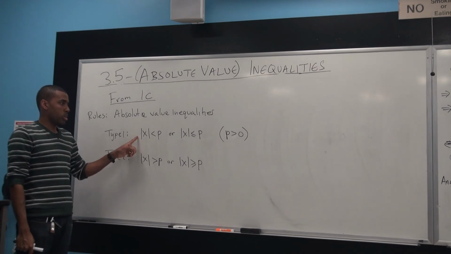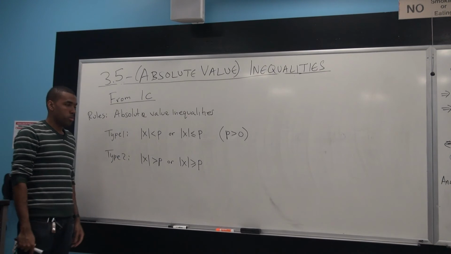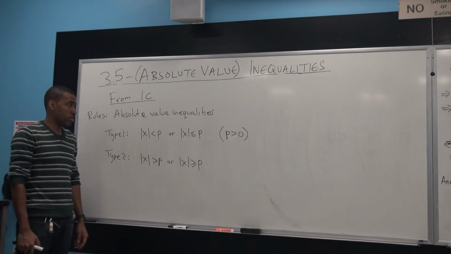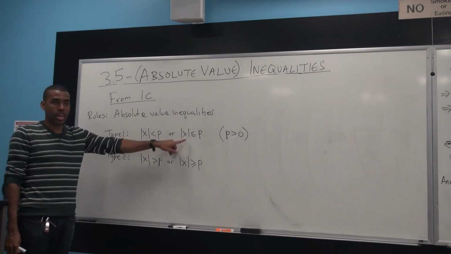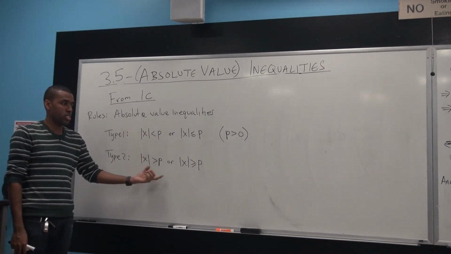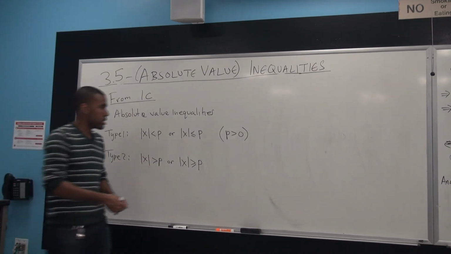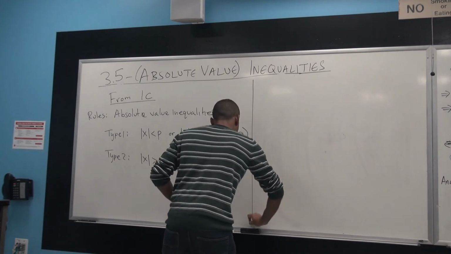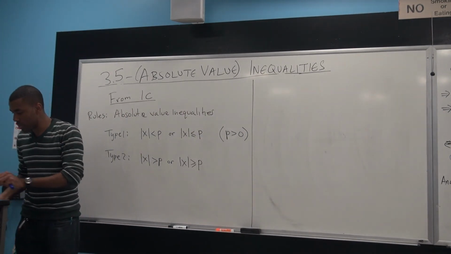You get one inequality with two inequality signs. These ones, though, you have to split into two. But based on a previous example that I gave you, you could think of this as the opposite of that, and this as the opposite of that. And so solving these is easier. You can use their solution to help you with these. We'll get to that in a bit, and I'll show you, and you can see if you like that more or less.